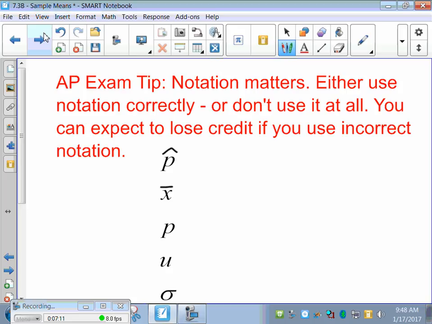Notation matters, you guys. Either use it correctly or don't use it at all. You'll definitely lose credit for incorrect notation. The best thing is to know what you're talking about and know what the notation means. So what's p hat? It is the sample proportion, so write that down.